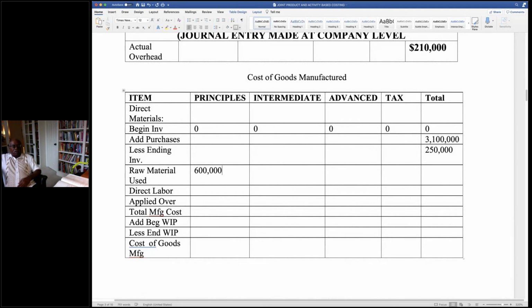And then for intermediate, they use 900 combined of ink and paper, 900,000. And then the next one is 800,000. And that one's 550, 100. And then the total of that is going to be 285. Oh, wait, I'm sorry.